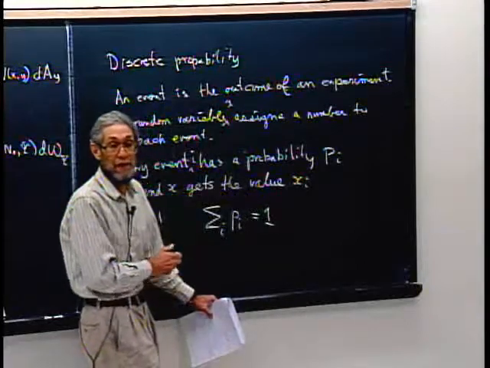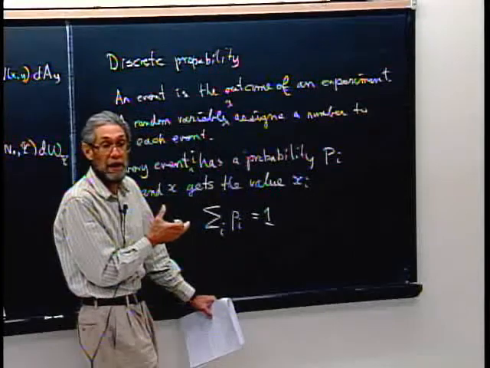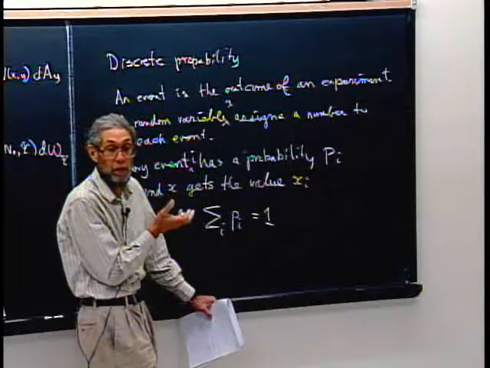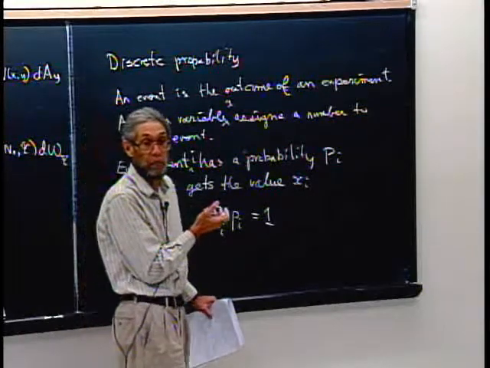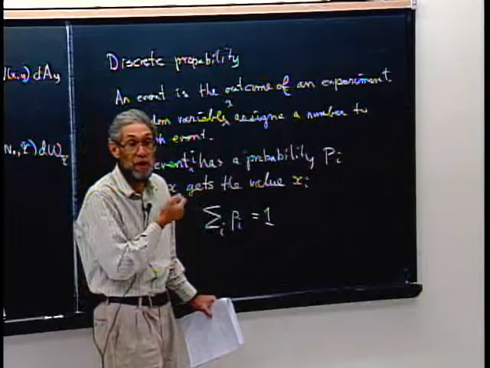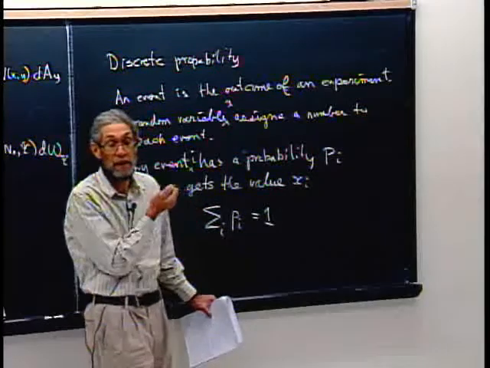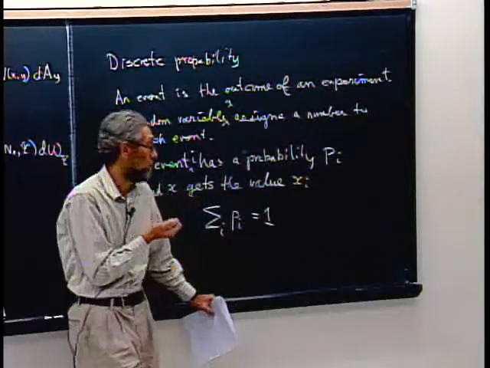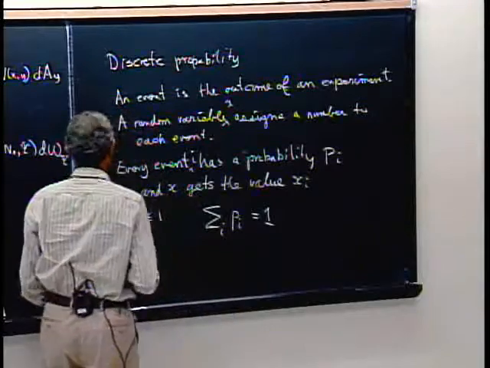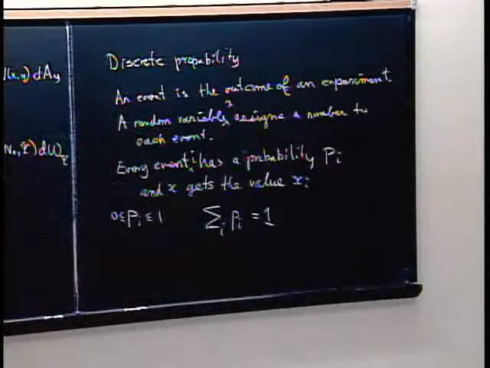Because if you add them all together, it includes all the things that could happen, and one of them has to happen. Probability really means the fraction of the events that you'd expect. So these are two properties of probability.